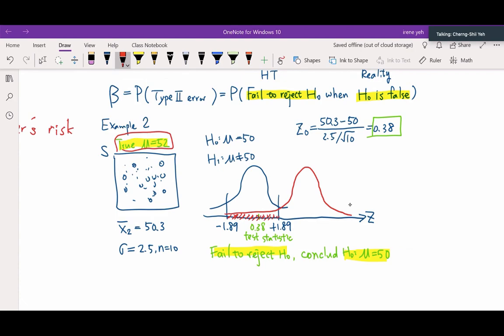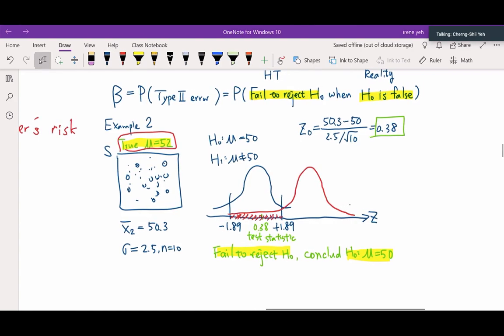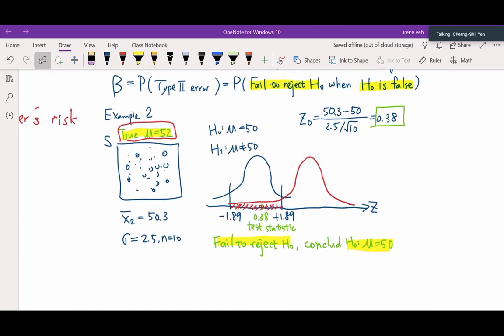So now I'm going to derive my type 2 error. My beta is the probability when we fail to reject. When do we fail to reject the null hypothesis? When my sample average falls inside the confidence interval, right? Where's my confidence interval?